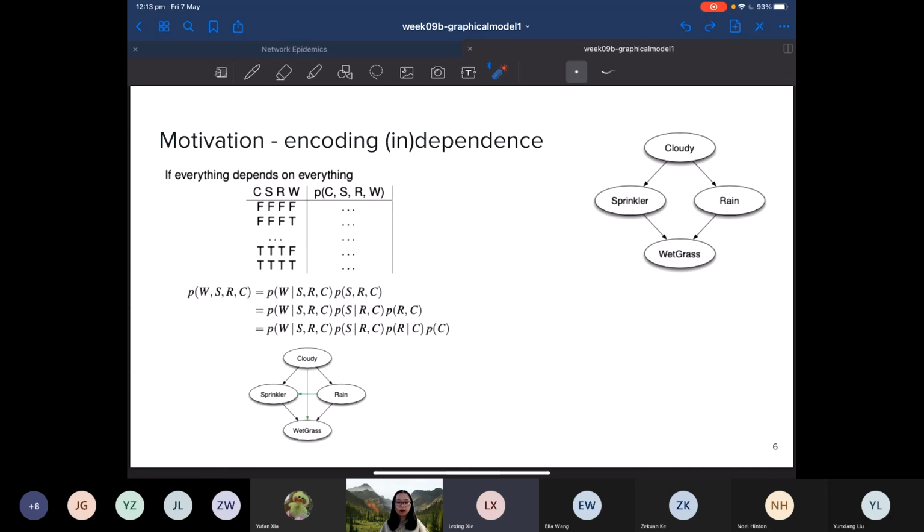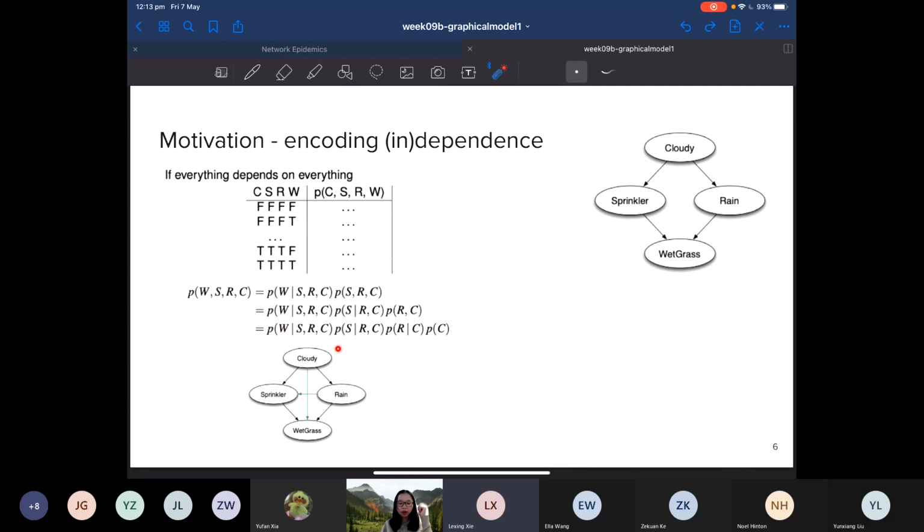we can start from the node cloudy, and then successively apply Bayes' rule on conditional probabilities, so each successive variable depends on the previous ones: rain dependent on cloudy, then sprinkler dependent on rain and cloudy, and then grass being wet or not depends on all three.